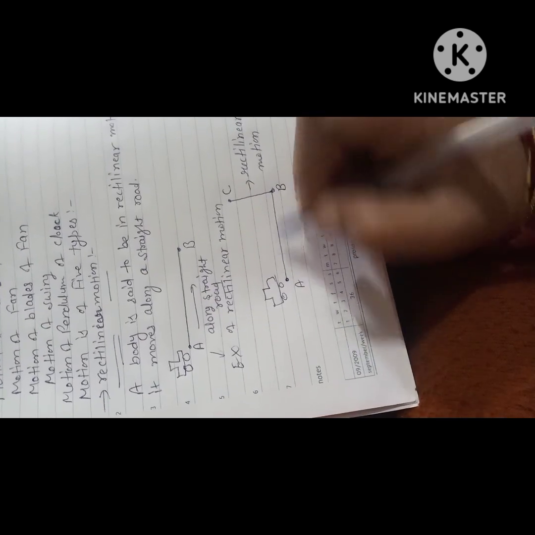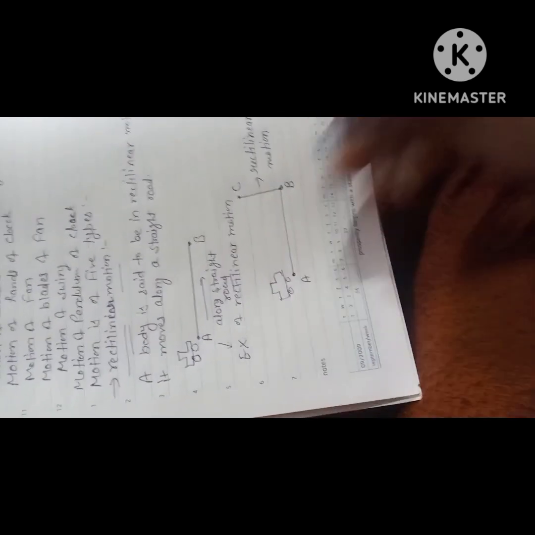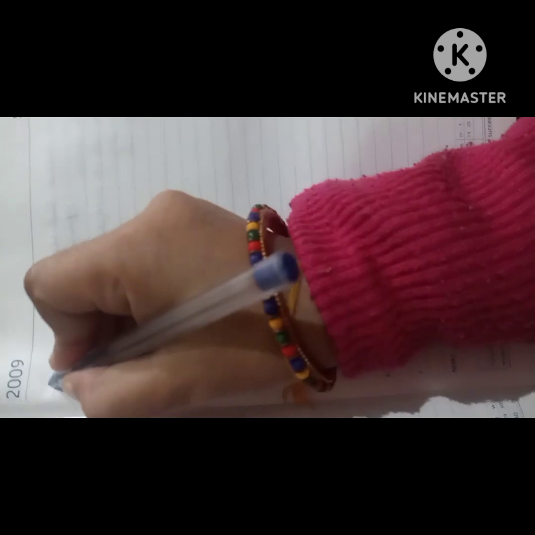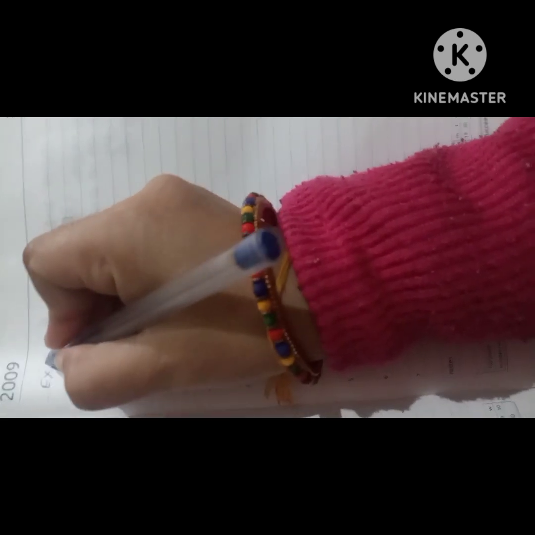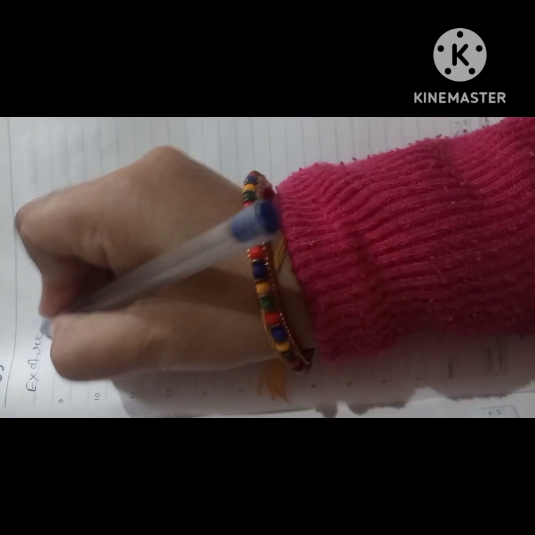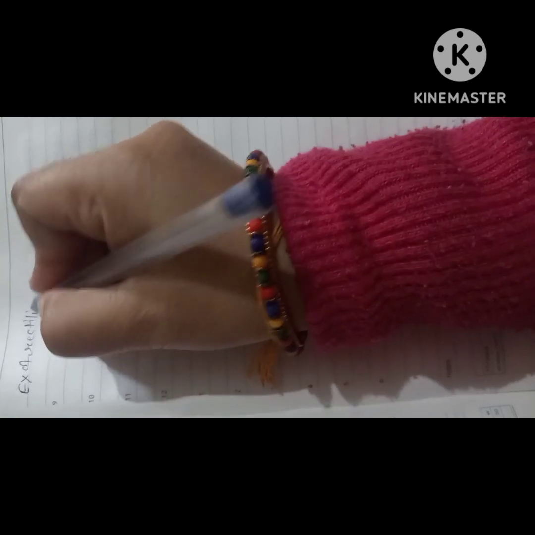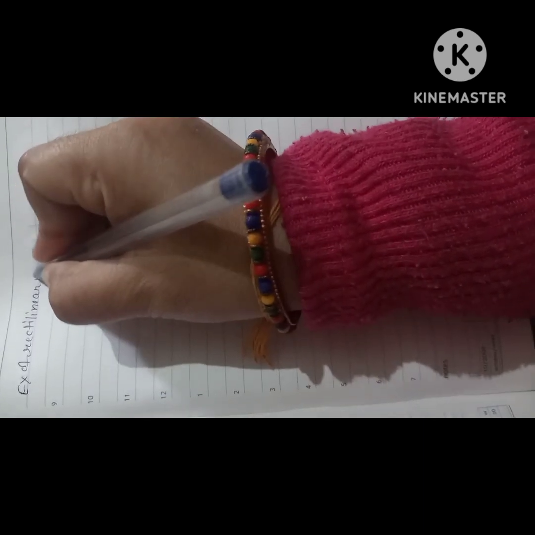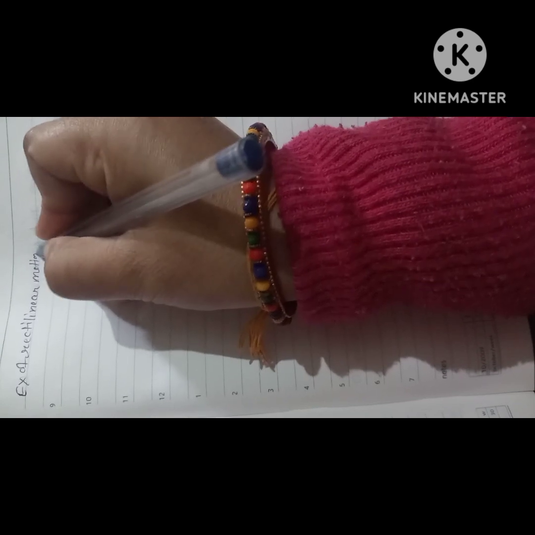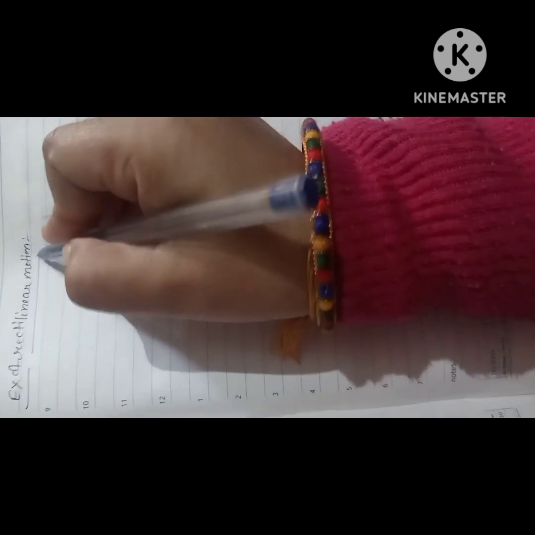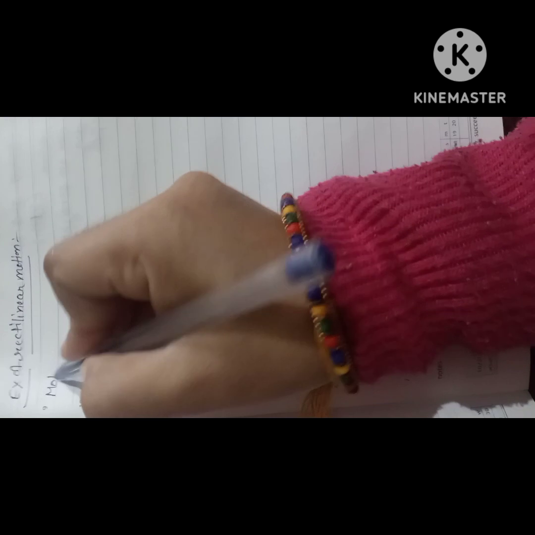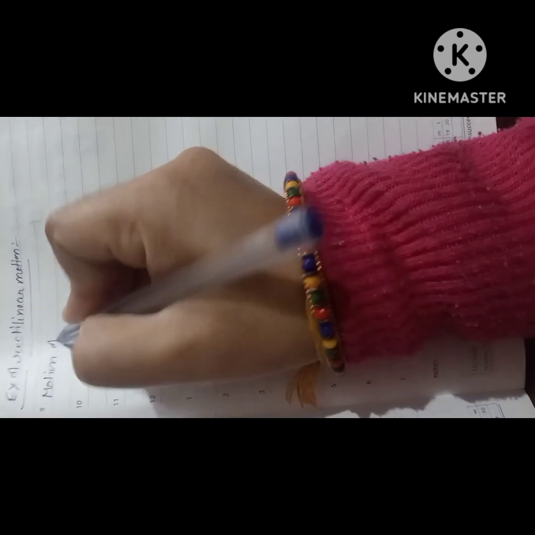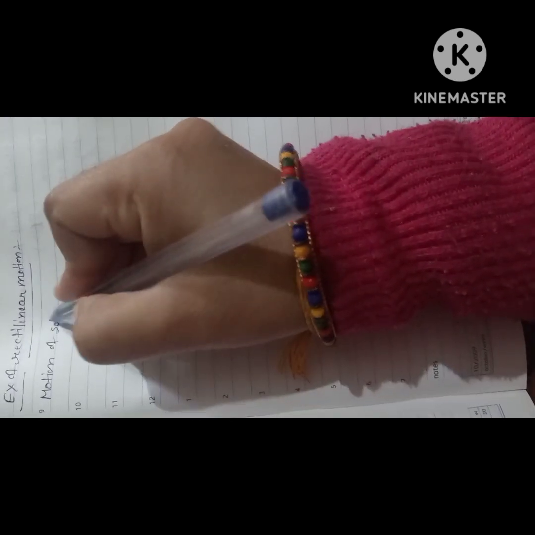Direction may change. Examples of rectilinear motion are motion of soldiers while marching past.